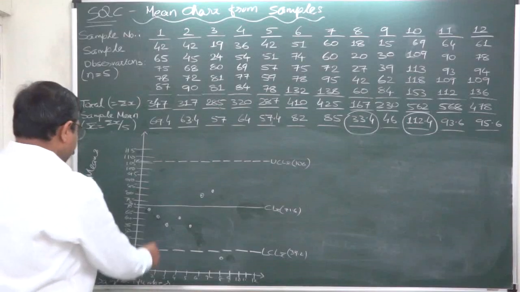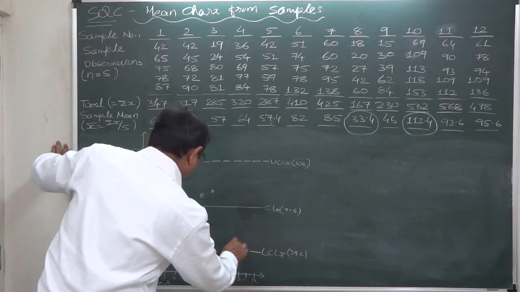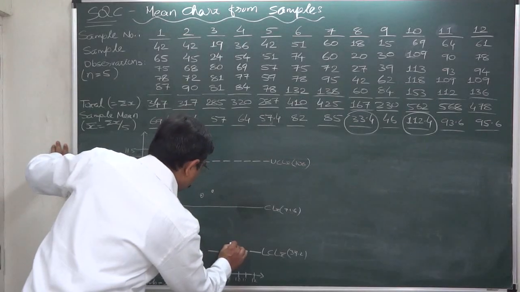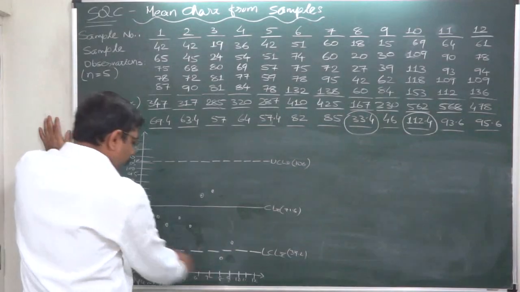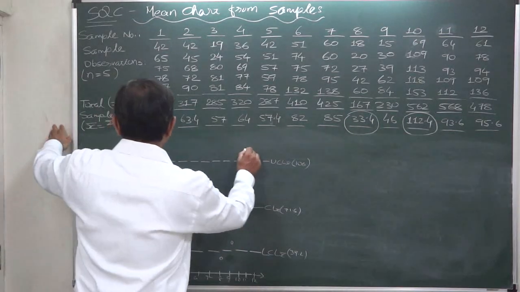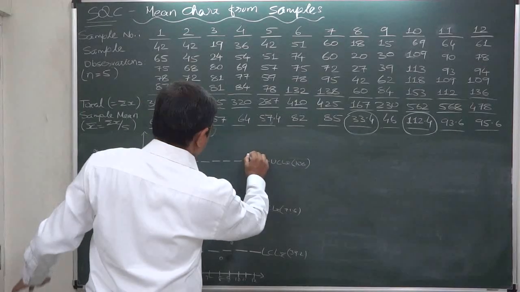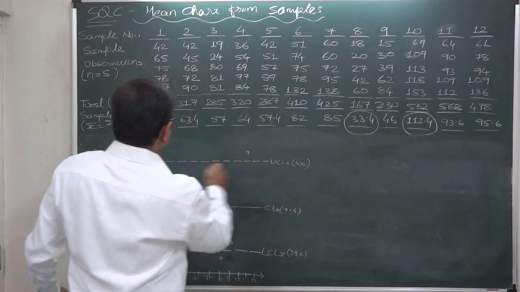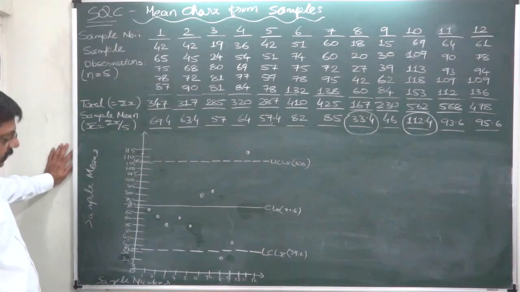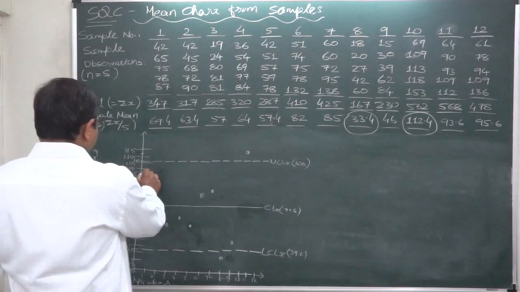Sample number 9, 46. 46 means 1 millimeter above 45. Sample number 10. Mean is 112.4, the highest value. For this purpose, we went up to 115 on the vertical axis. Sample number 11, 93.6, 93.